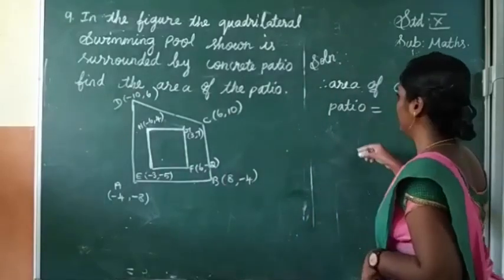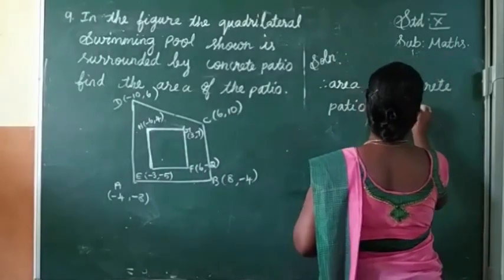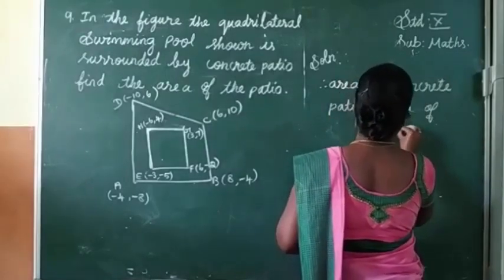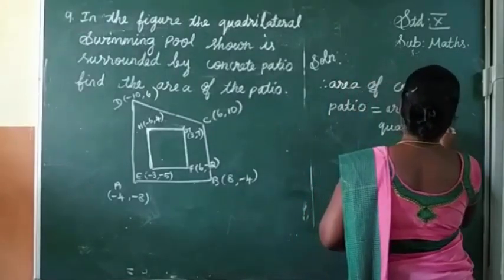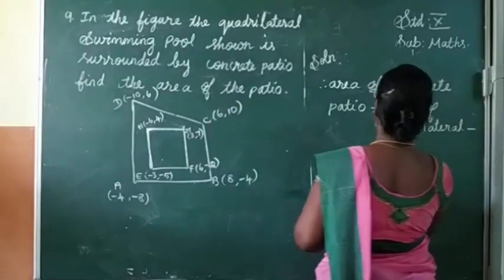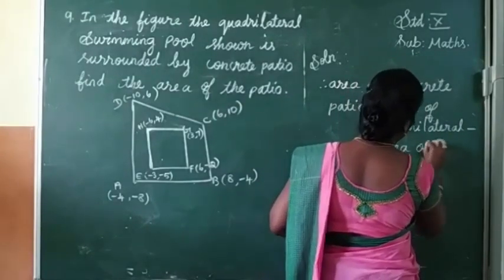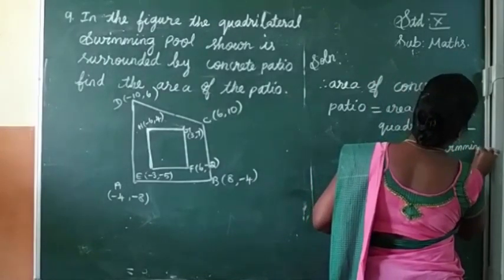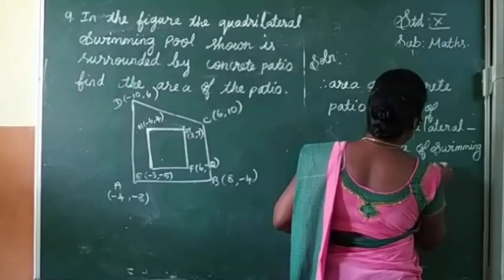So concrete patio is equal to area of a quadrilateral minus area of a swimming pool.